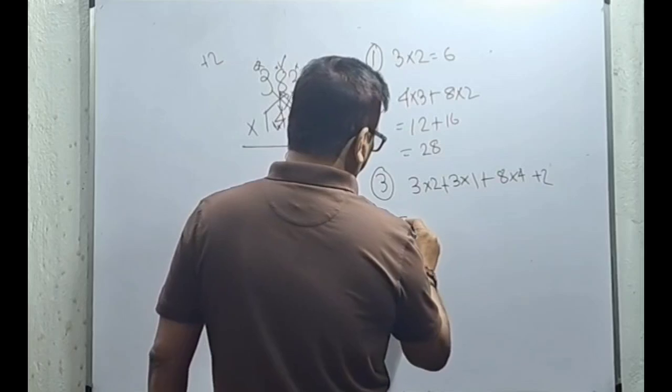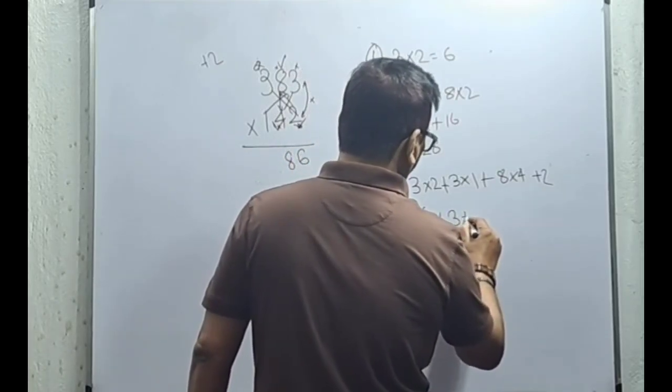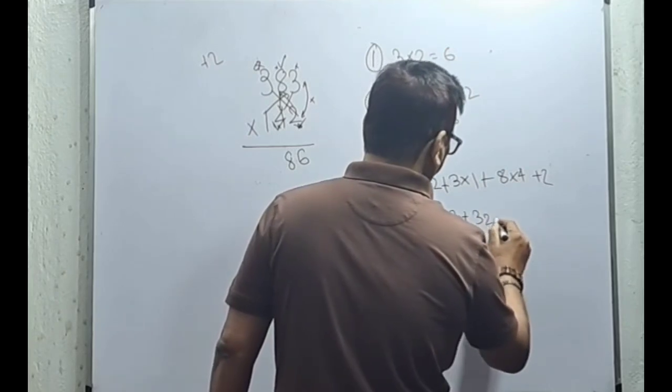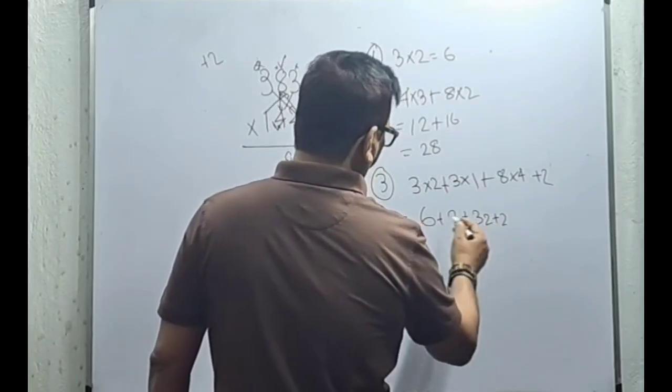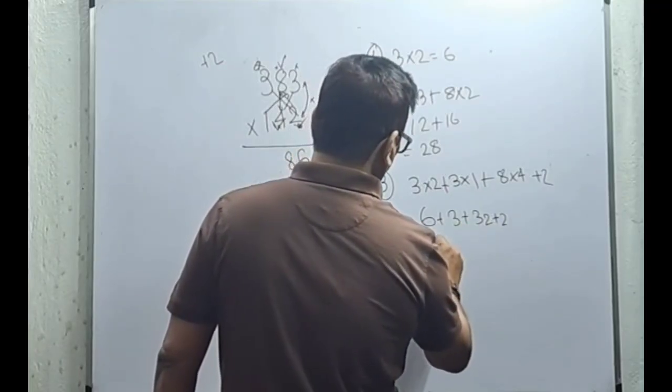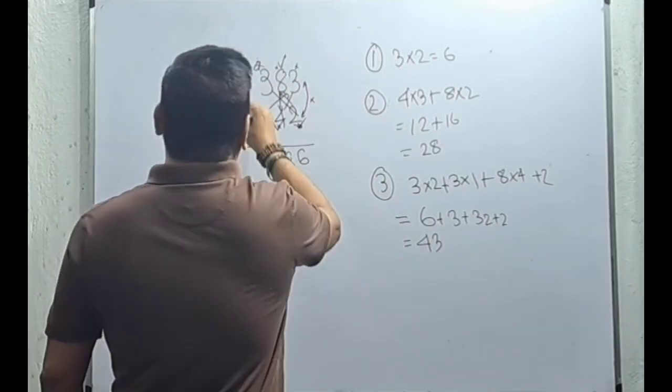Right? So it gives you 6 plus 3 plus 32 plus 2. So this gives you 34, 40, 43. Right? So write 3 here. We carry 4.